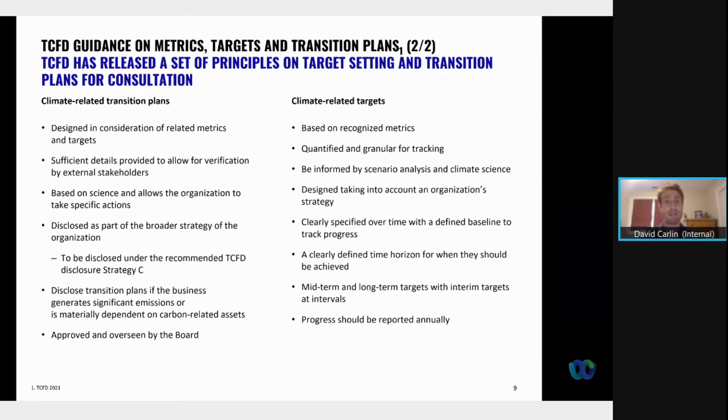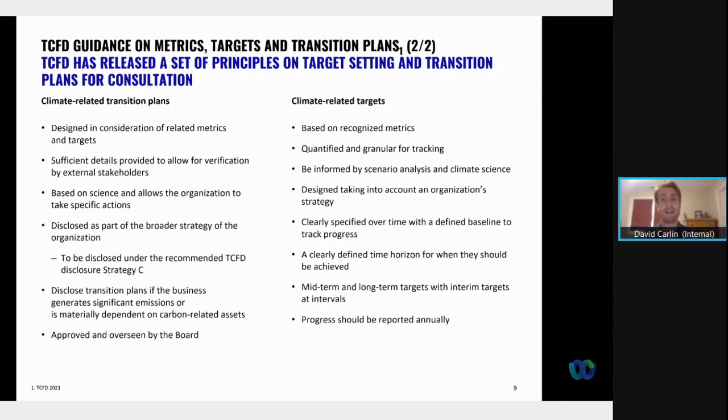So uniquely for the TCFD, it had mostly focused on climate risk. Now we see additional guidance, looking at how institutions can make transition plans, what are the steps required to make those transition plans, as well as what they should think about in terms of targets.